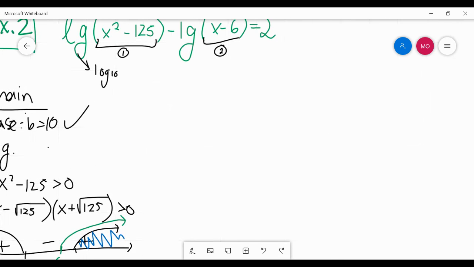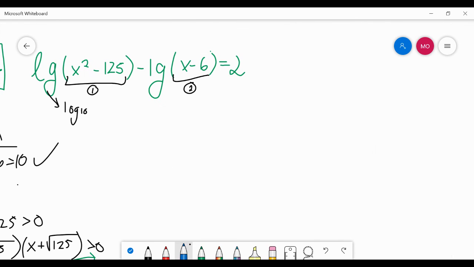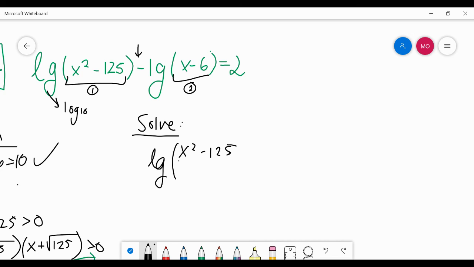Let's go ahead and solve this now. Just like the first problem we did, we have a subtraction. If we have a subtraction, it means we can transform this equation so that we only have one log, LG again for base 10, and we would have to divide our two arguments together. So x squared minus 125 divided by x minus 6, and that's all equal to 2.